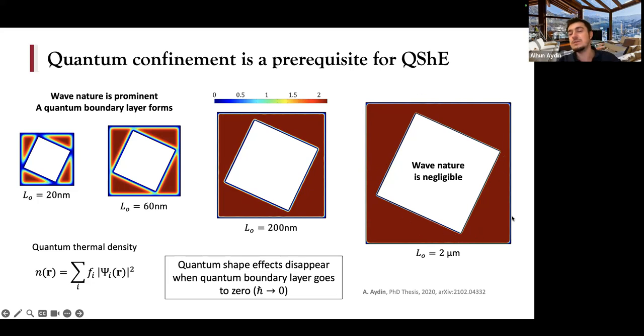So it reaches the classical uniform density in the limit of L going to infinity. We have also predicted these effects analytically, and there, if you let h bar go to 0, all these quantum shape effect terms will disappear, and you will recover the classical limit.